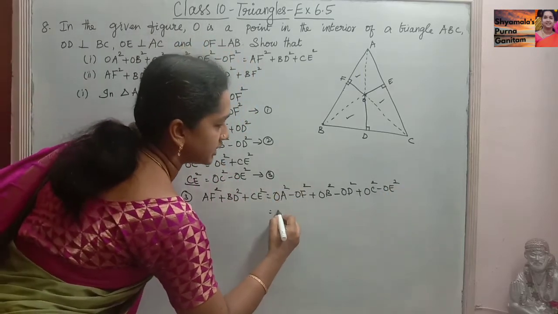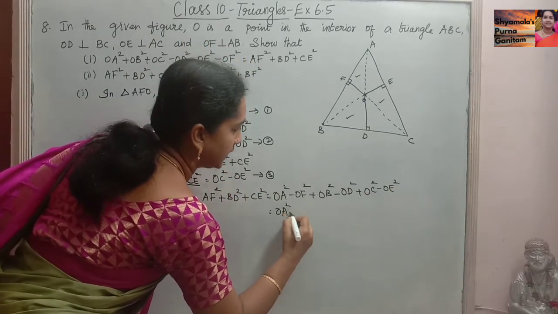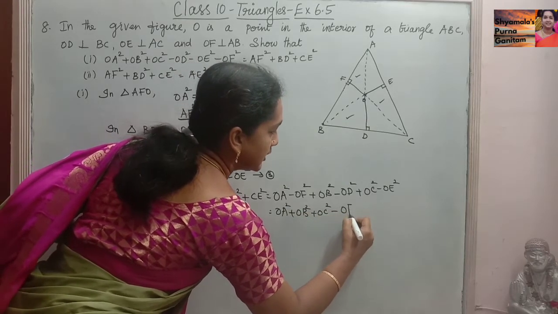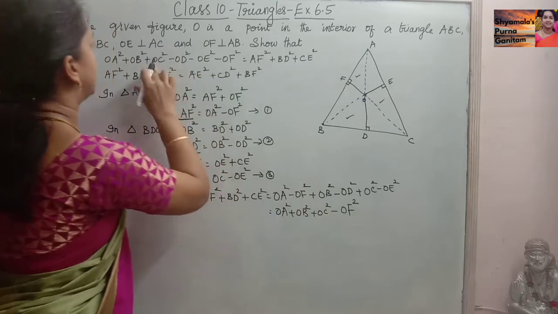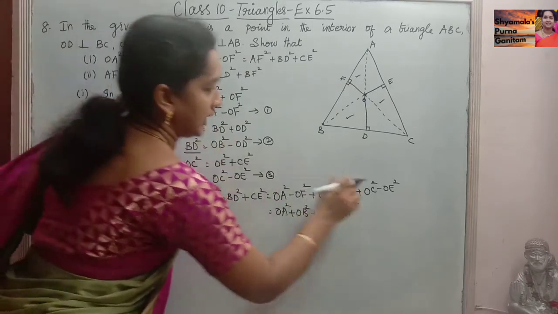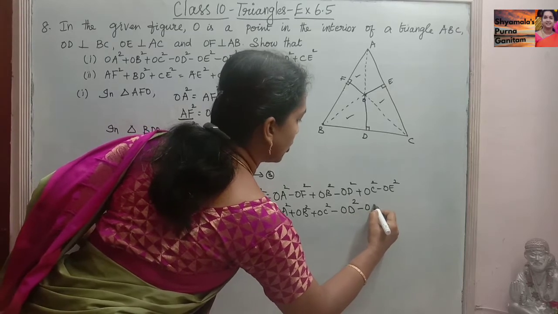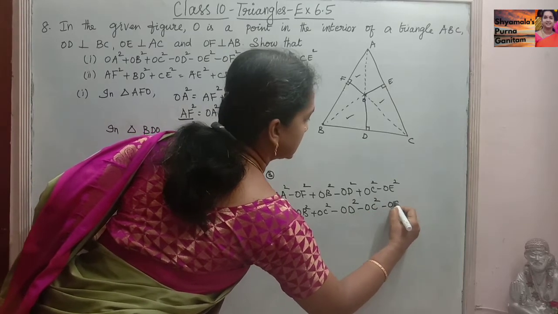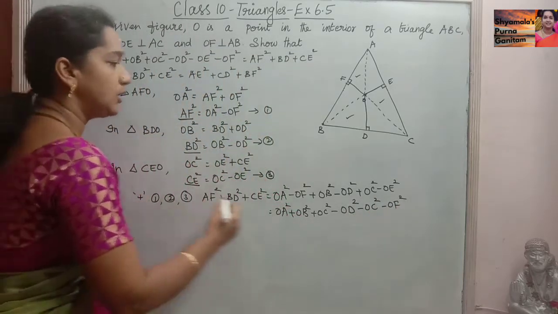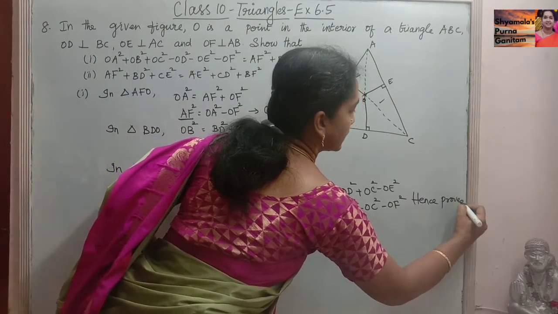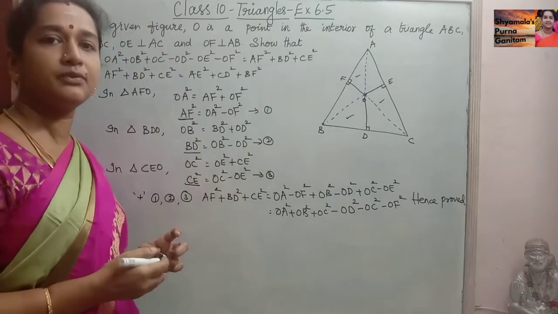Rearranging, we write OA squared plus OB squared plus OC squared minus OD squared minus OE squared minus OF squared. Hence proved. We have shown the result for the first one.